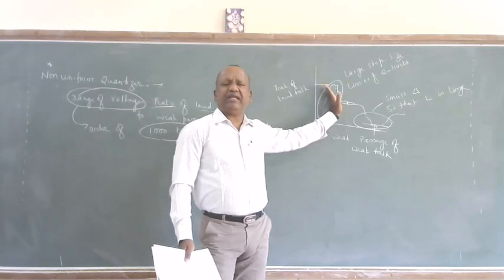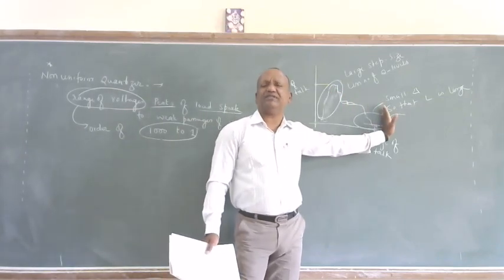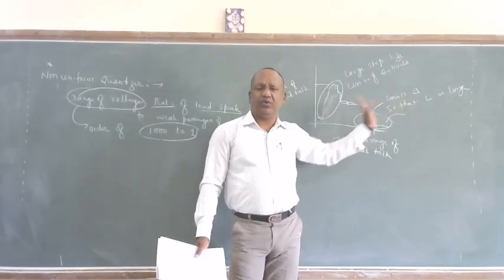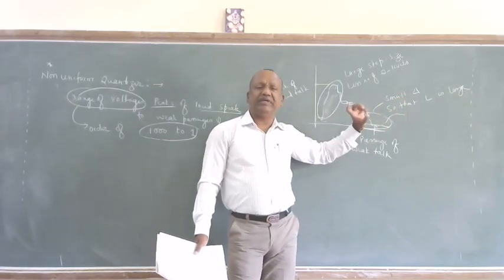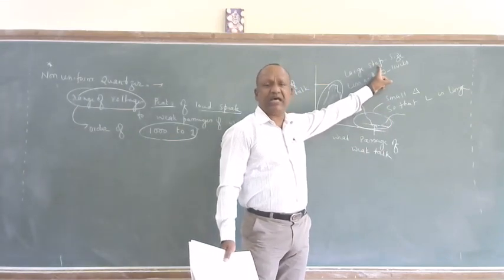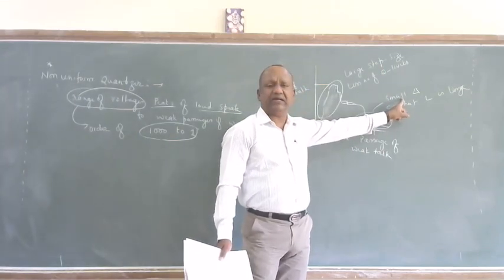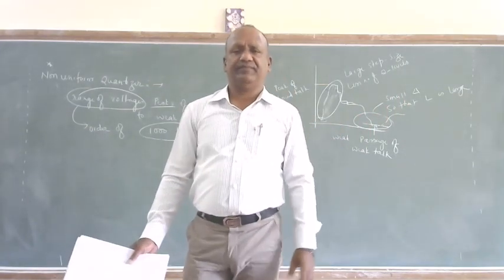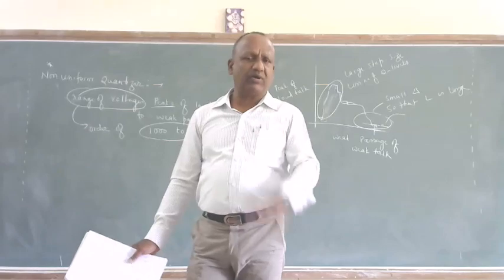For this I am using a large step size, for the next case I am using a small step size. So depending upon the variation of the voice pitch, voice amplitude and voltage, we are selecting the value of delta. Large step size means large delta, otherwise small delta. So delta is changing depending upon the situation. It is called a non-uniform quantizer.